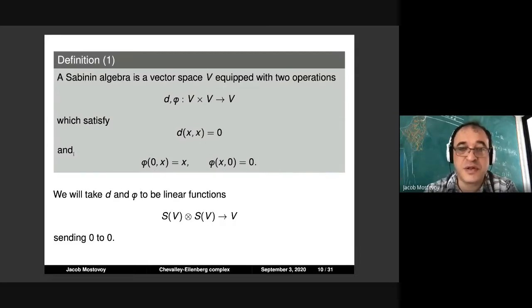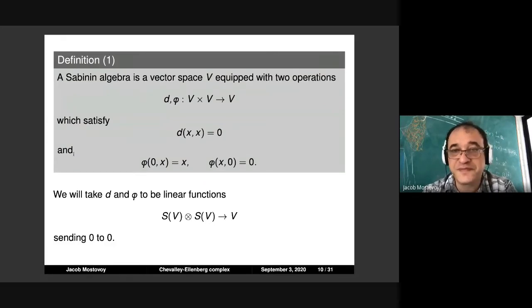So this first operation D is something like antisymmetric. It's not antisymmetric. You just know that D of x and x is 0. And the second operation that he calls multi-operator, well, it's some kind of a generalized conjugation.